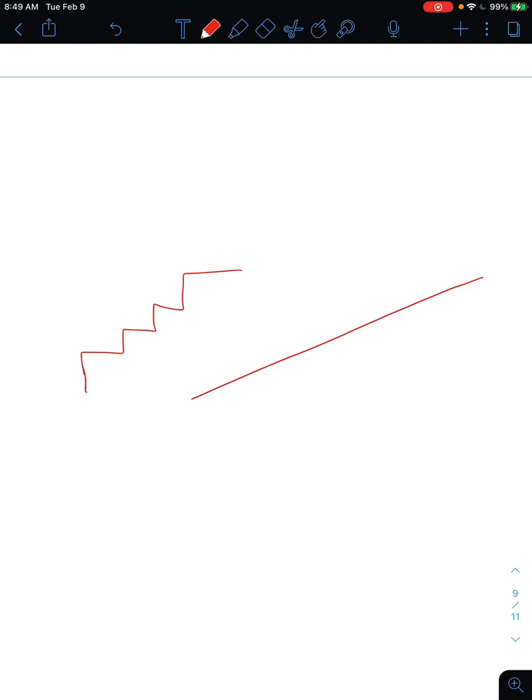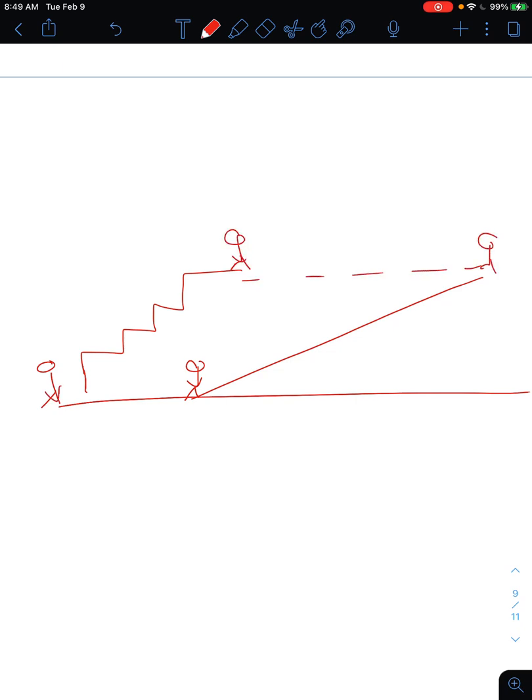As long as you start on the ground and you end at that same height, you're going to do the same amount of work either way. The work that you do is equal to that energy that you gained.